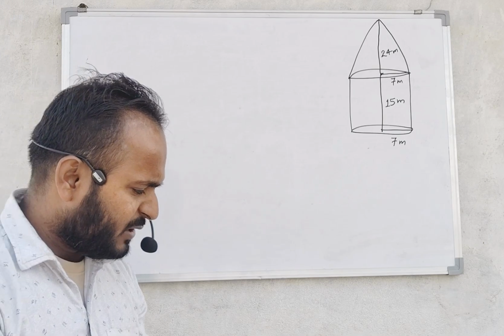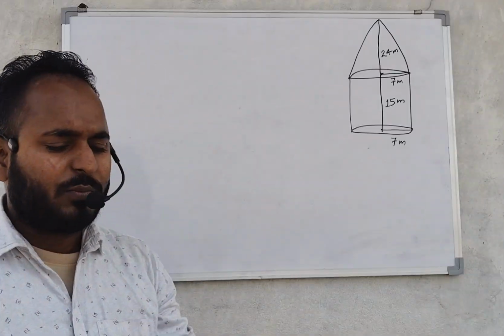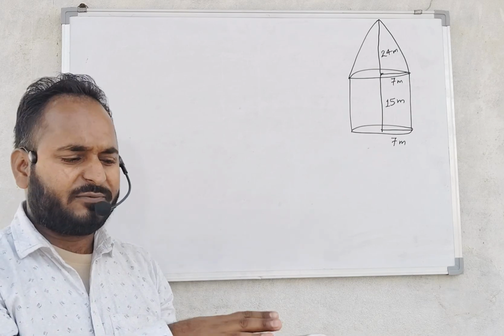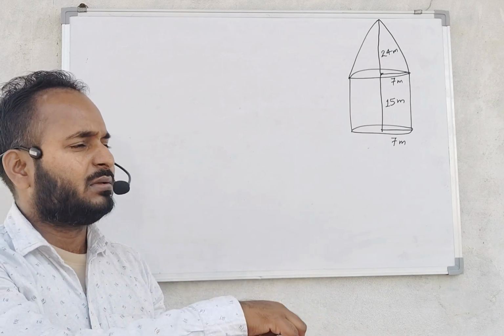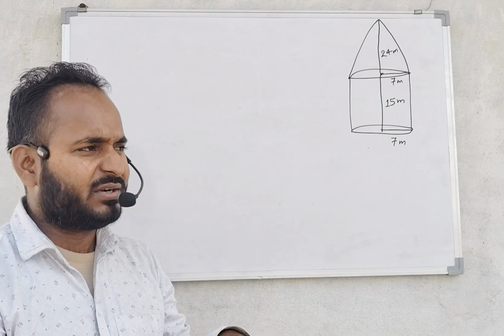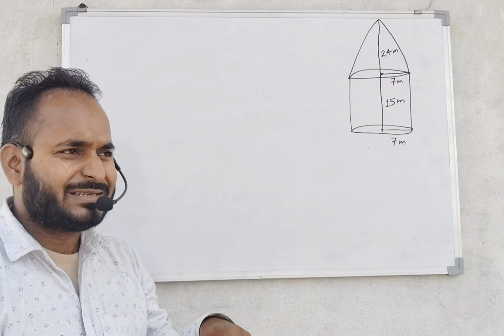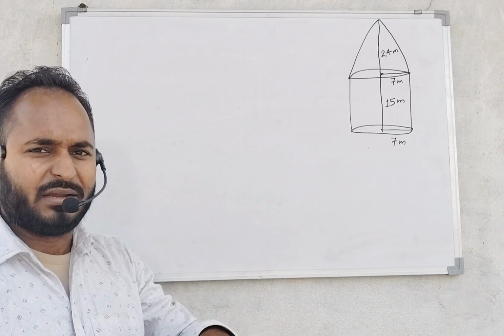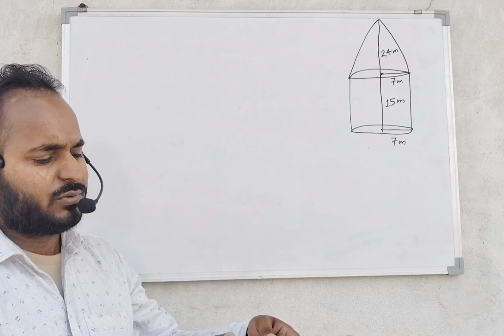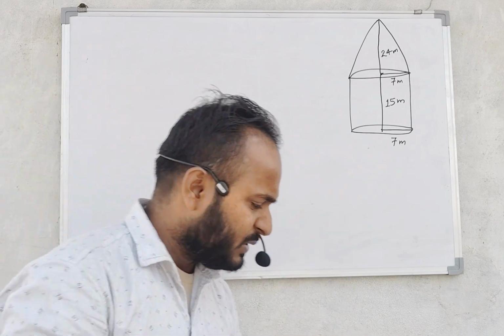For example, for this notebook, the surfaces are the top surface, the bottom surface, and the other surfaces like this. These are the outer layers of this notebook which are in contact with air, that means the environment.